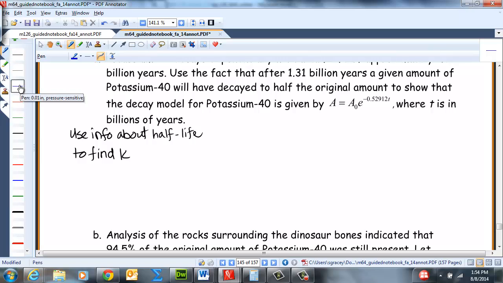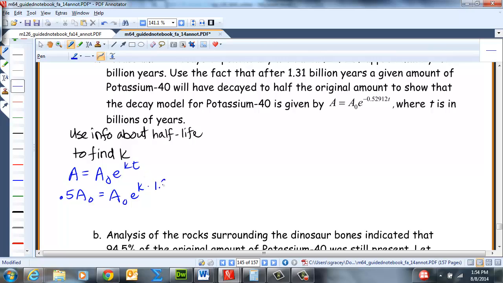So here we go. Basically, half-life means half the original substance. So if you take A equals A0 e to the kt, 0.5A0 is equal to A0 e to the k times 1.31.